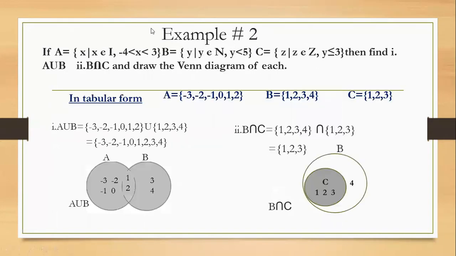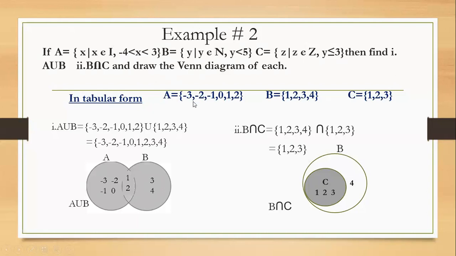Now, example number 2: the question is given in set builder notation, and you have to find the union and intersection. In this type of question, first you have to convert it into tabular form, and then follow the same process which I have already done in example number 1. You know how we can convert set builder into tabular.